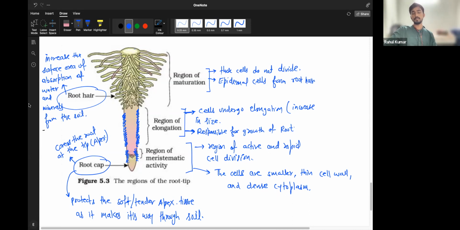Okay, so root hairs enhance the absorption mechanism to make the root better. So now do you understand?